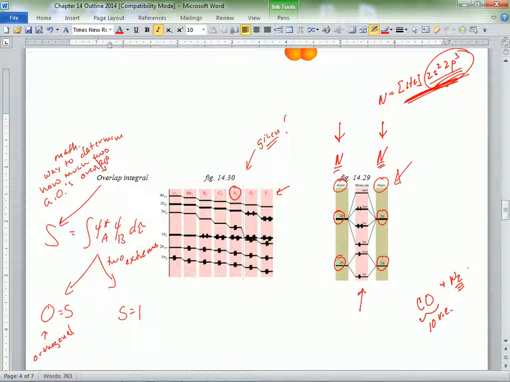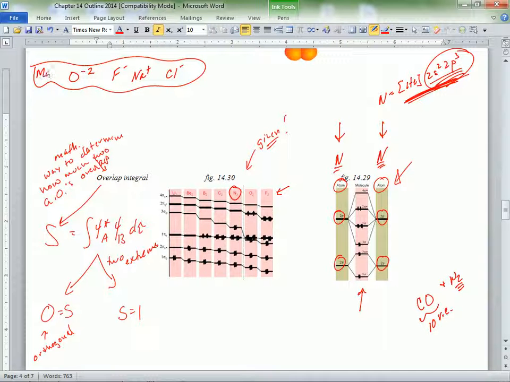I think the word, when we did this, we were talking about atoms. We weren't talking about molecules because we were just writing electron configurations of atoms. Let's see if you remember. I said that oxide, fluoride, Na+, all these ions formed because they are all isoelectronic with a what?